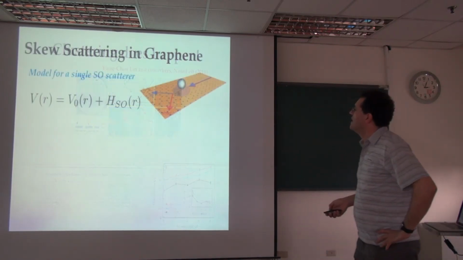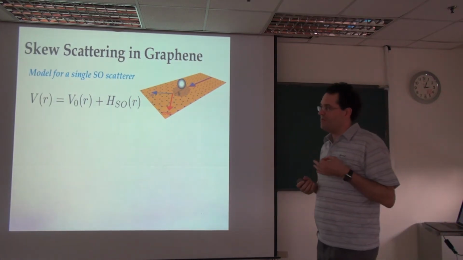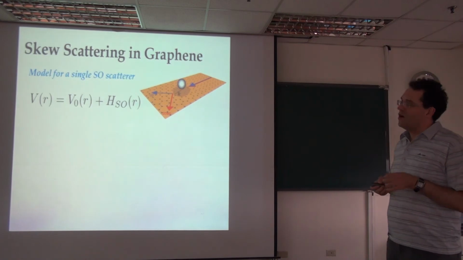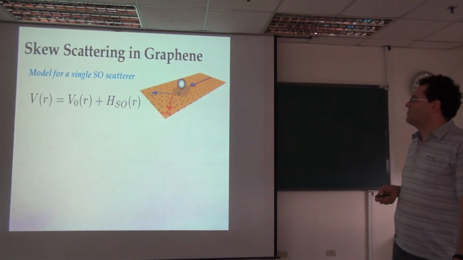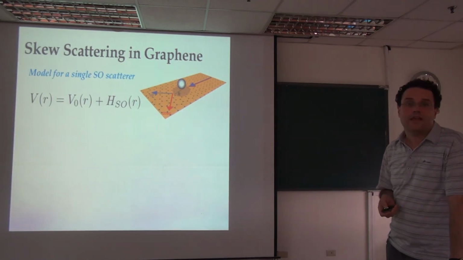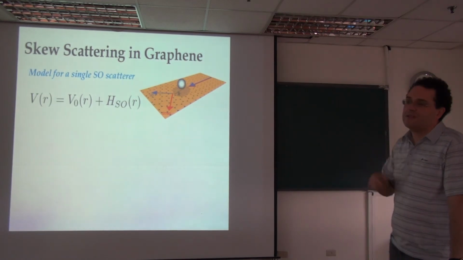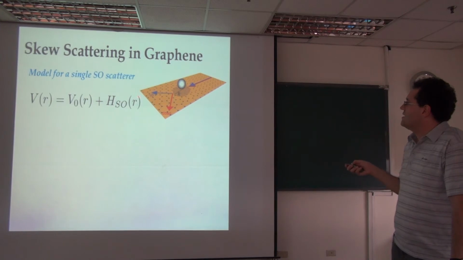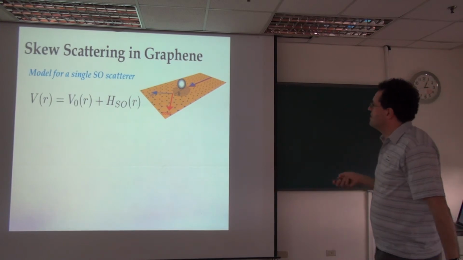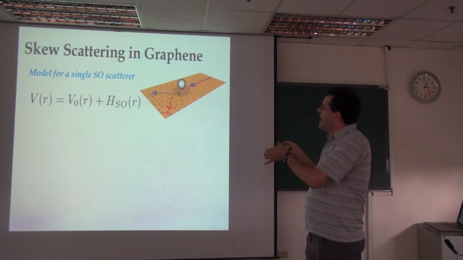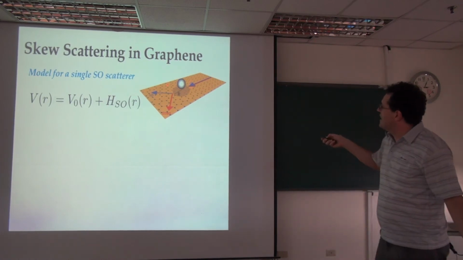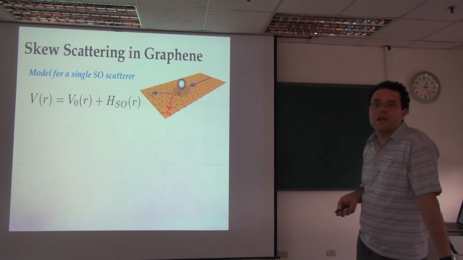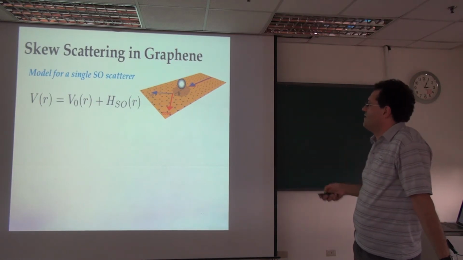Now, what we would like to ask then is, what is the effect of these clusters on the spin Hall effect in graphene? And coming back to my first question, we would like to study the scattering of electrons, the skew scattering mechanism, with these rather big clusters deposited on graphene.